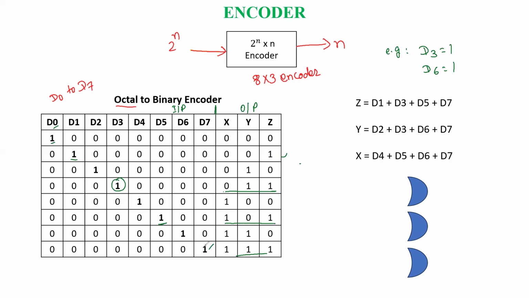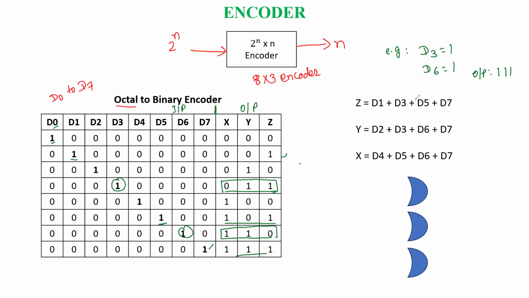And when D6 is 1, the combination is 1, 1, 0. So in case of the encoder, when both inputs are high, it will produce the output 111. But 111 is actually the output when D7 is 1. Since D3 and D6 are both 1, it is not going to satisfy. Either D3 is 1 or D6 is 1, but we are getting a different output.